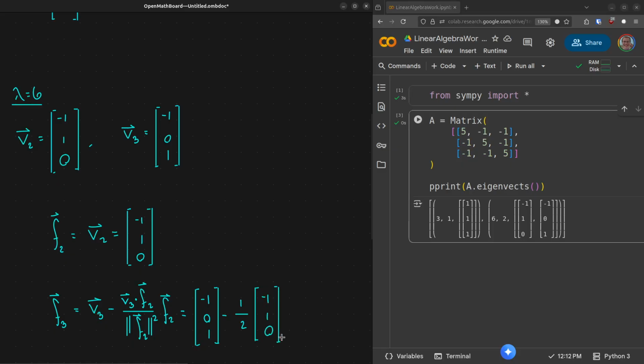And if I do the vector arithmetic, negative 1 plus 1/2 is negative 1/2. 0 minus 1/2 is negative 1/2. And 1 minus 0 is 1.